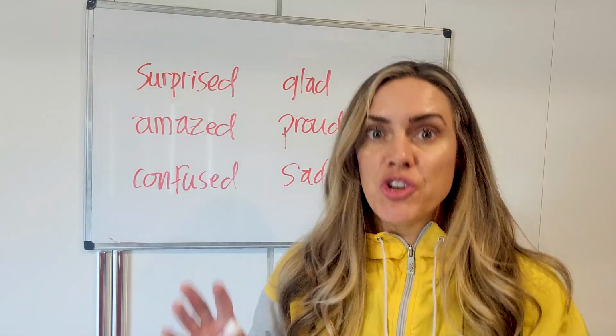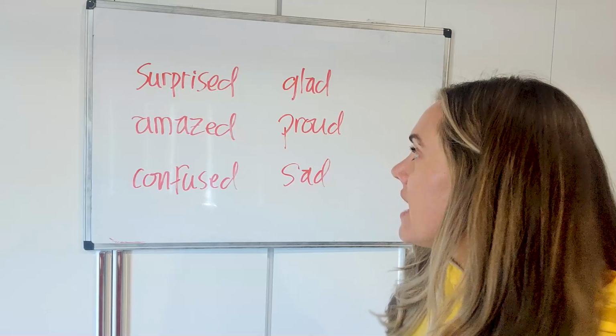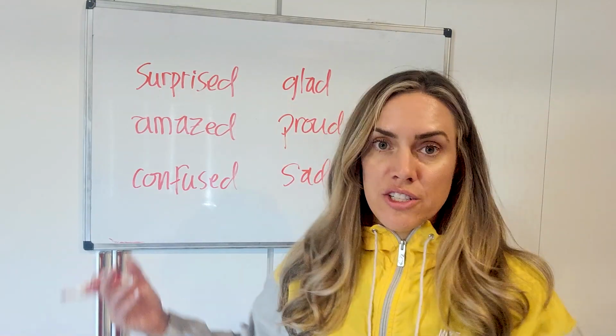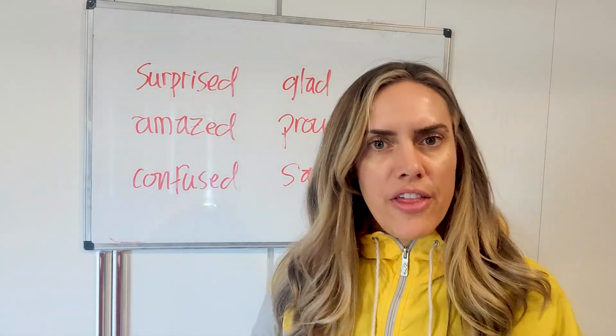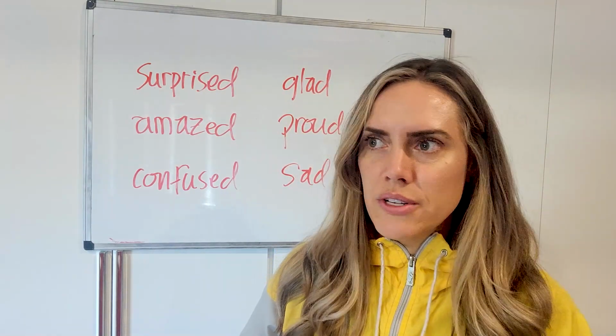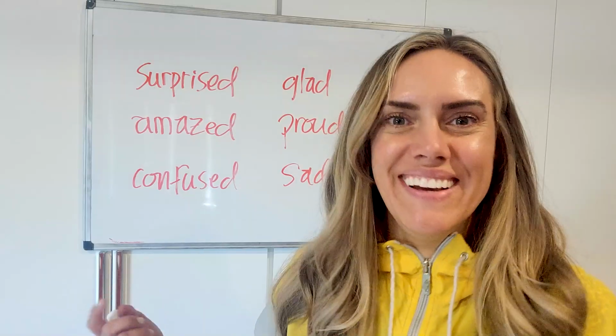You have to make sure you're using adjectives like that if you want to do this. So you can say, I'm surprised that you want to go running with me. I'm confused that you thought you had to submit your paper 1 week after the due date.